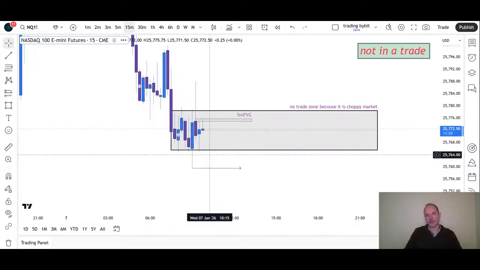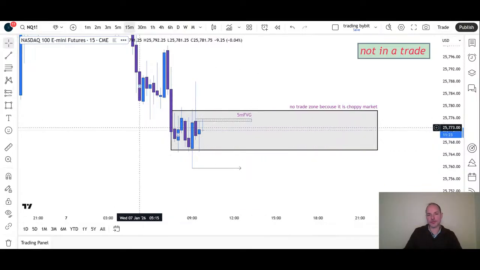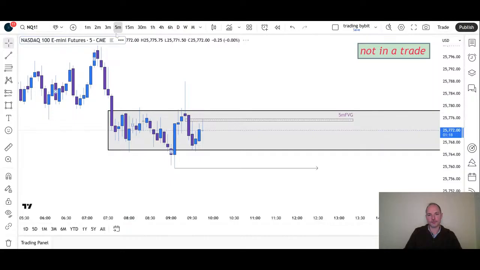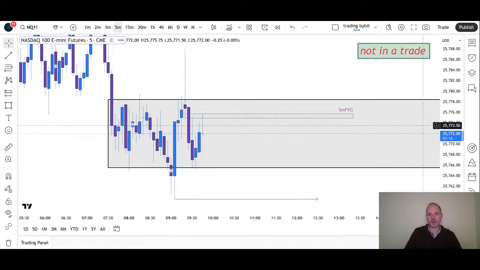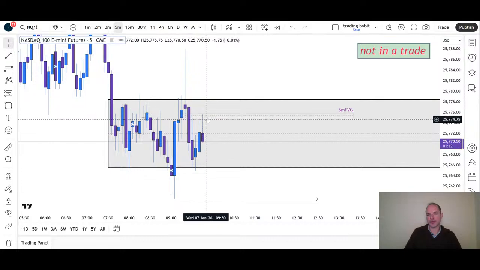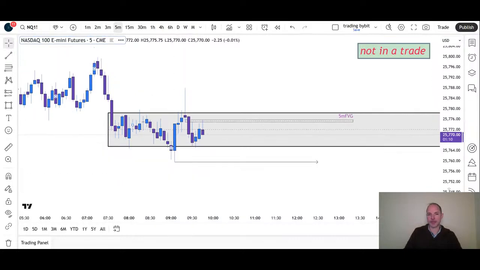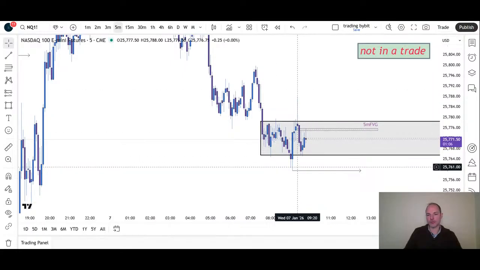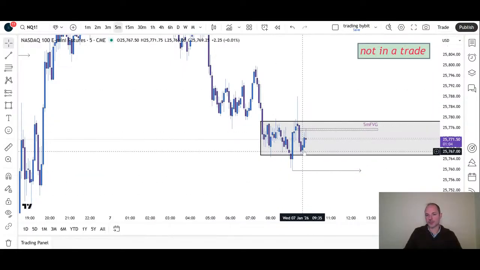So here we do have to have patience until the market shows us what it wants to do. This is exactly what I meant: if you enter something like this, you can only take it to a fair value gap, because we have confluences that the market is still moving lower and then it just started to chop.